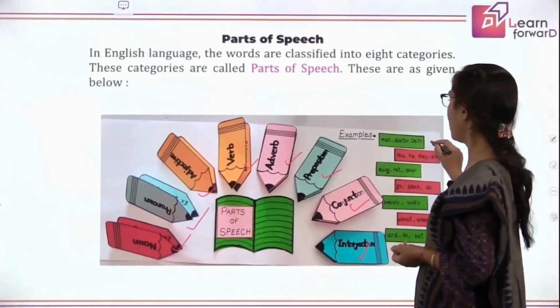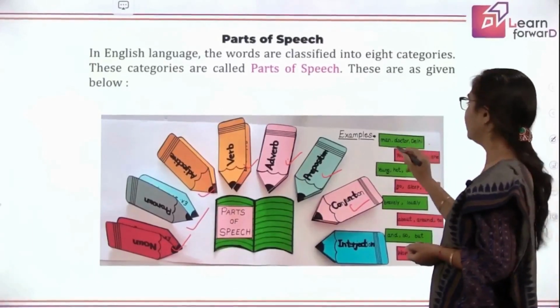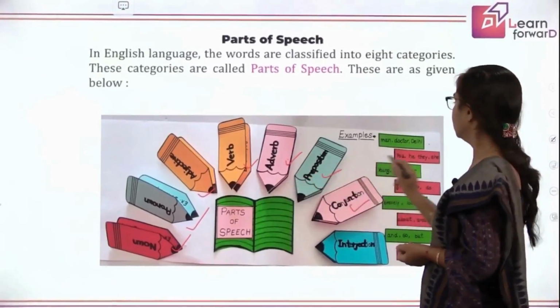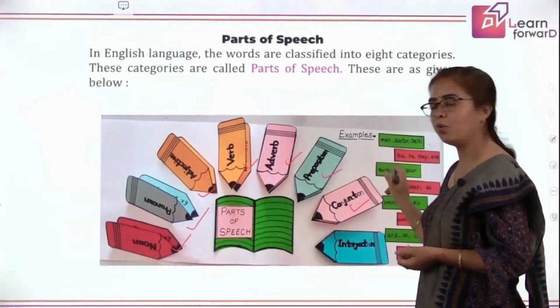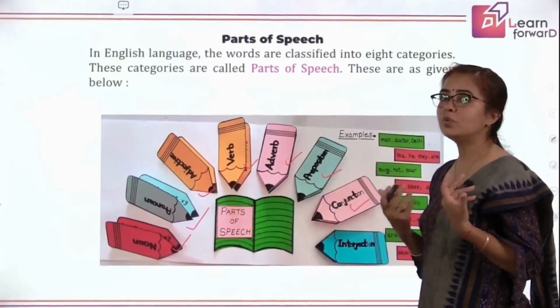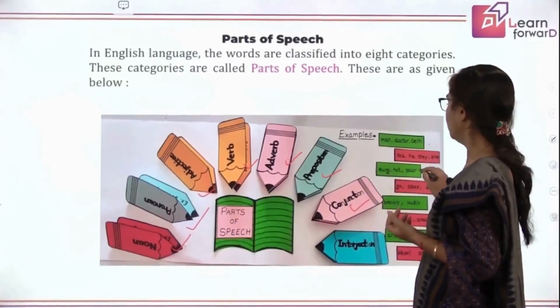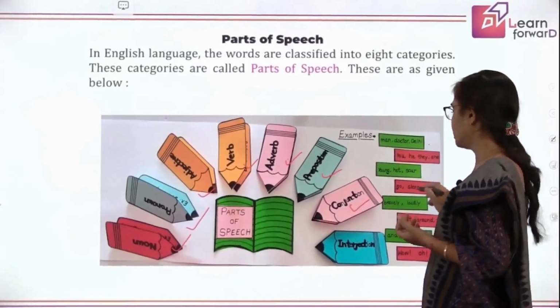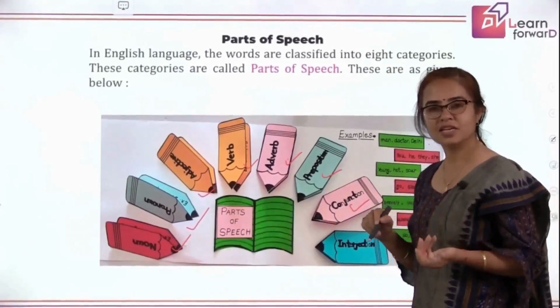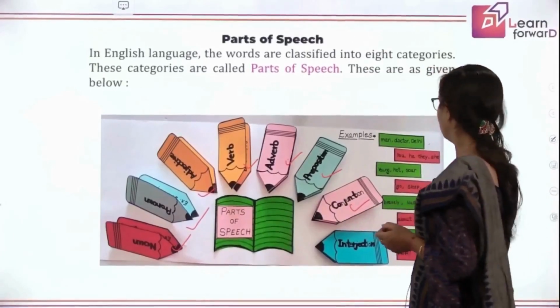Starting from noun, that we have already done, man, doctor, Delhi, these are the examples of nouns. Then he, she, it, they, these are pronouns. Adjectives are young, old, sweet, sour, beautiful, these are adjectives. Go, write, sleep, stand, sit, these are all verbs.